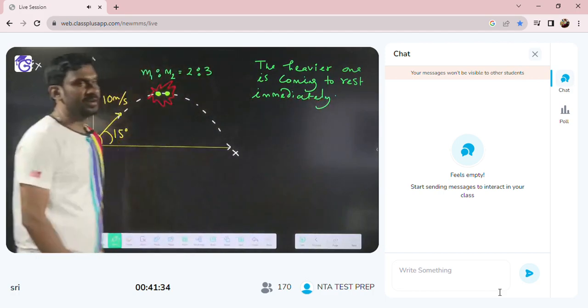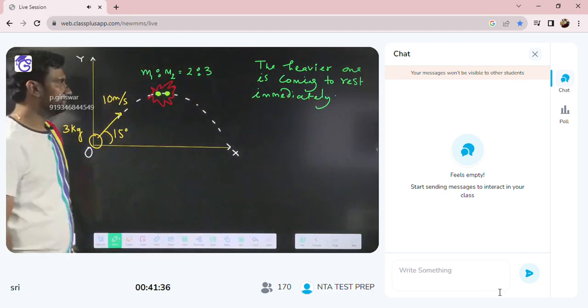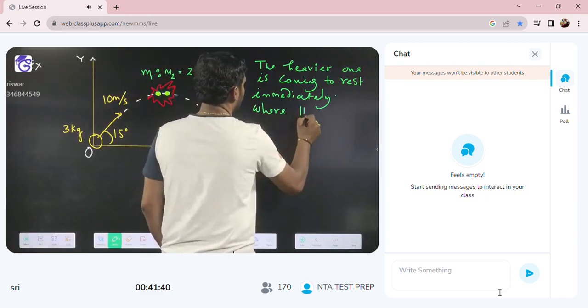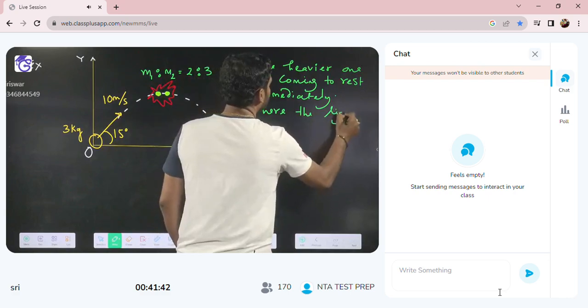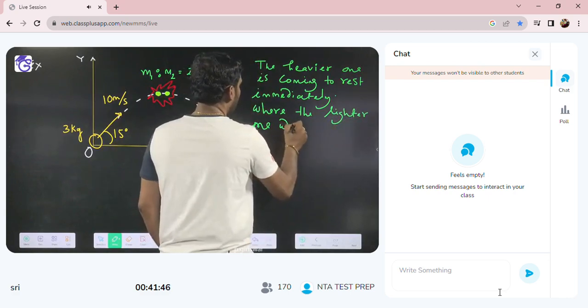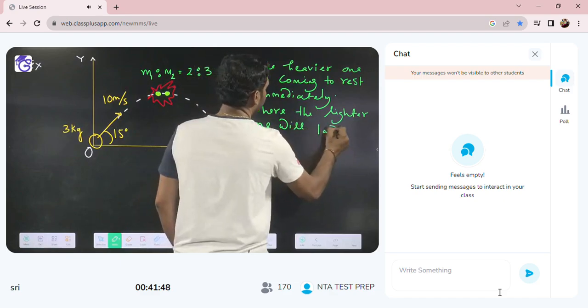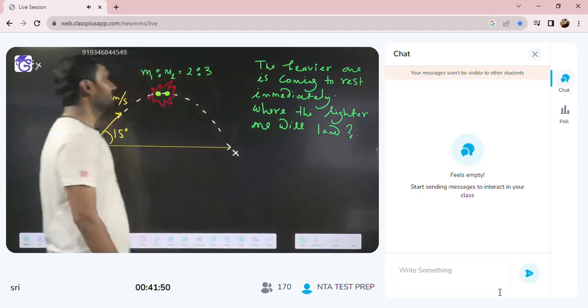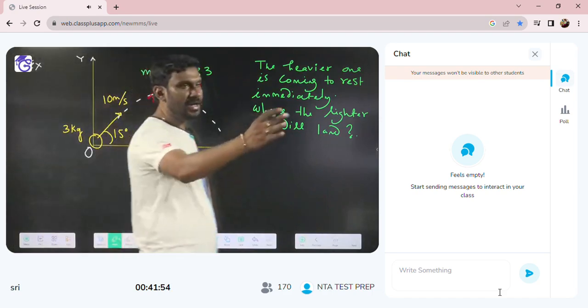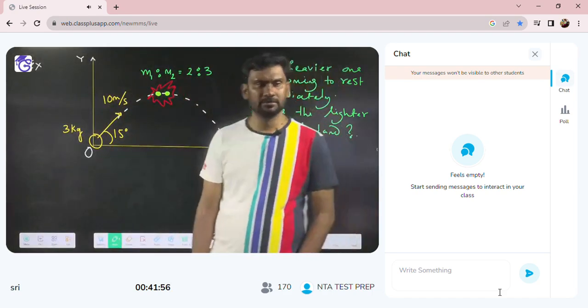Where will the lighter one land? They're asking where the lighter one will land. You want to try? I will give everyone 2 minutes. Solve it fast.